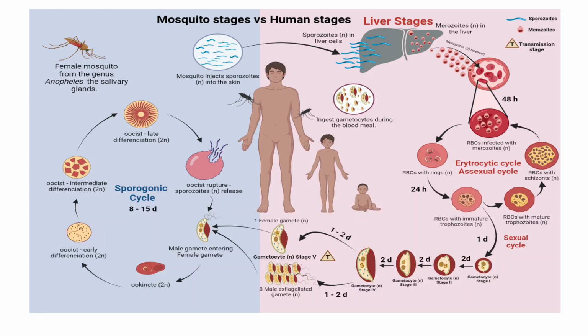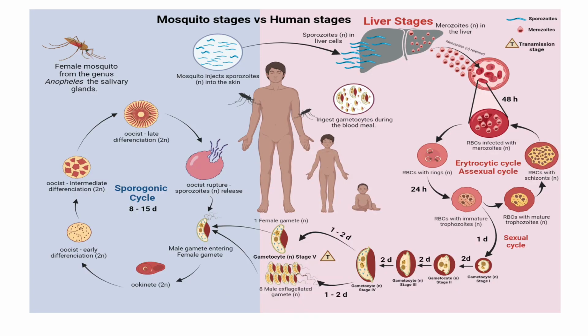this is a diagrammatic feature of the life cycle of Plasmodium falciparum. We see from the beginning that once the female Anopheles mosquito bites the human being, the sporozoites released by this mosquito travel to the liver.